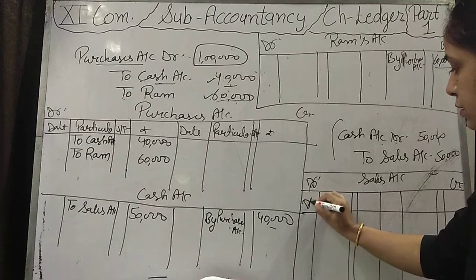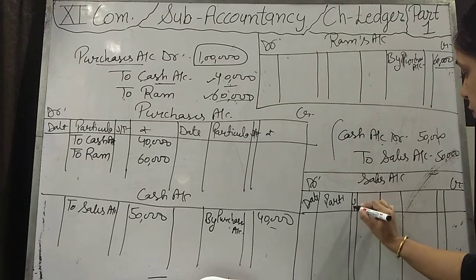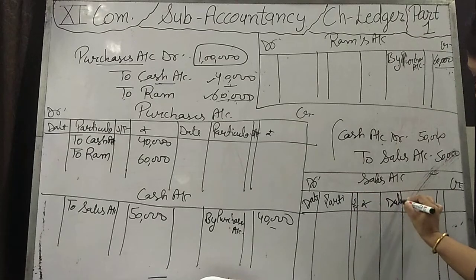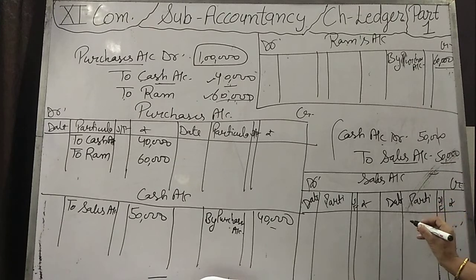Okay. Then in this journal entry, sales account is credit. So in credit side, we will write by cash account 50,000.